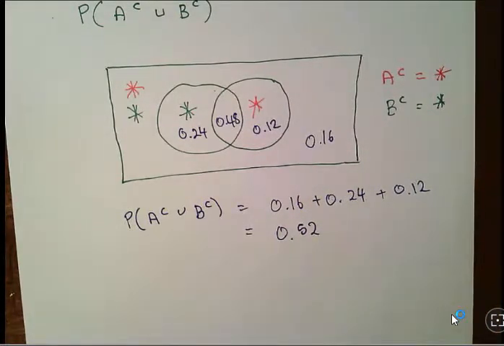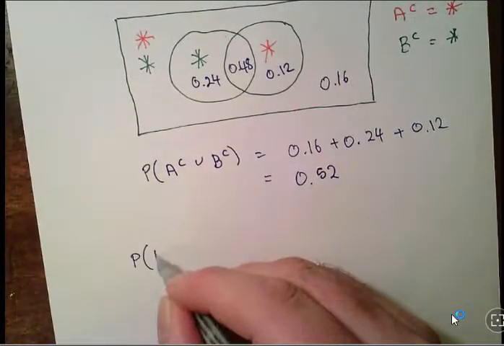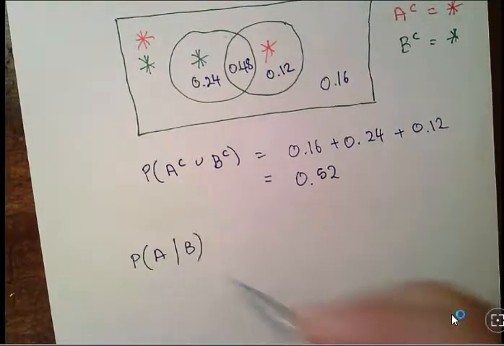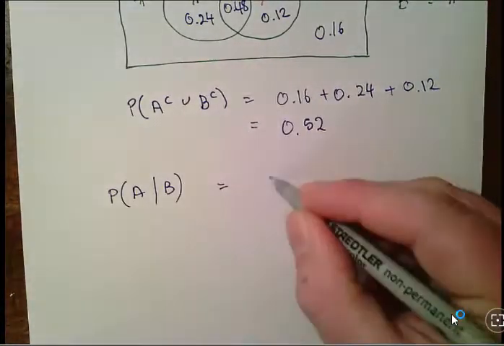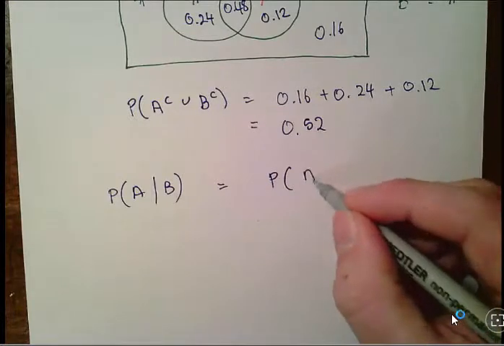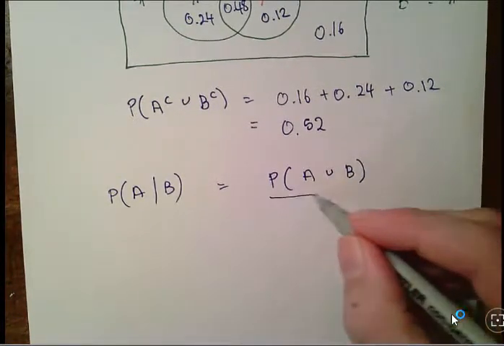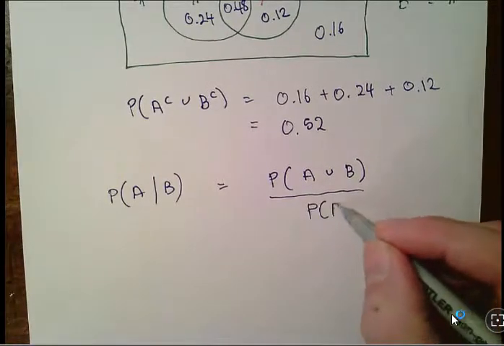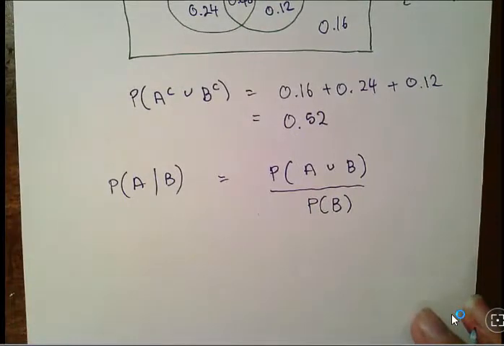Now, the next question is the probability of A given B. This is our third question. This is quite simply using the conditional probability formula: A intersection B all over the probability of B. That's a formula that you really should get to know very quickly.